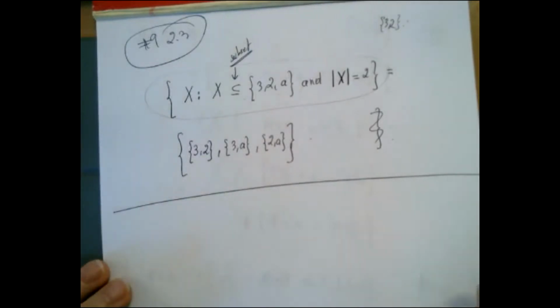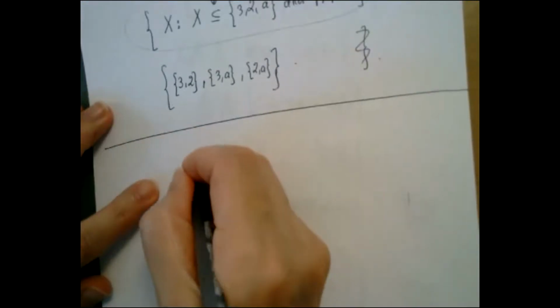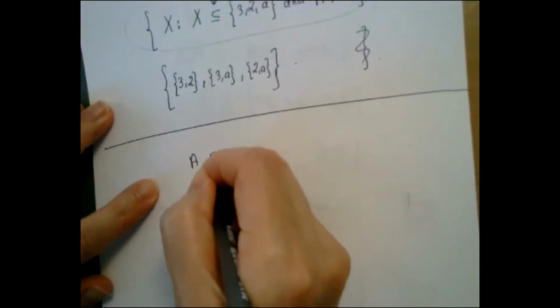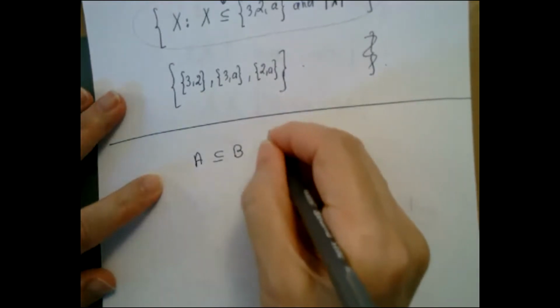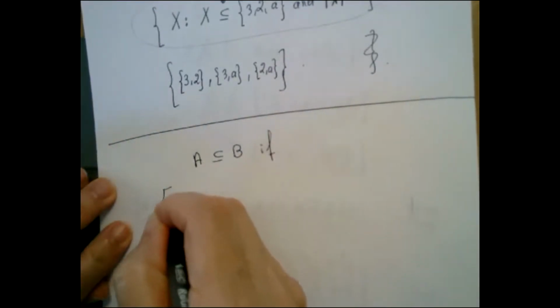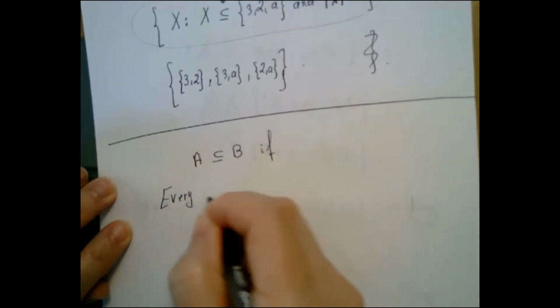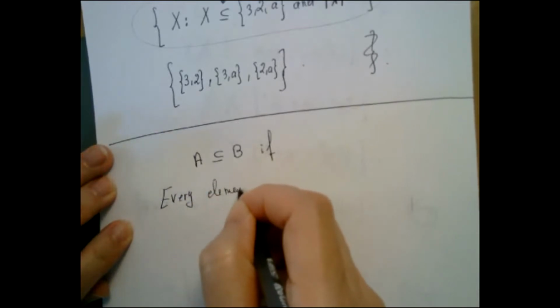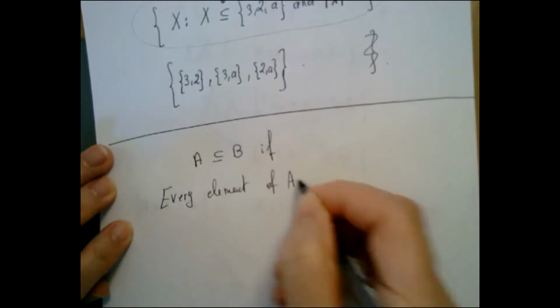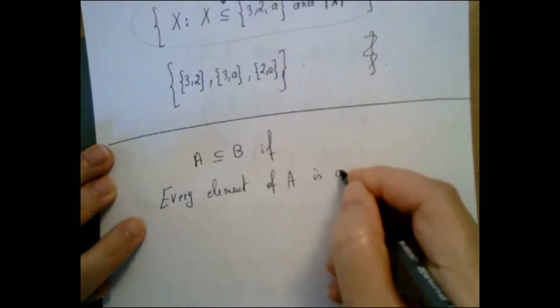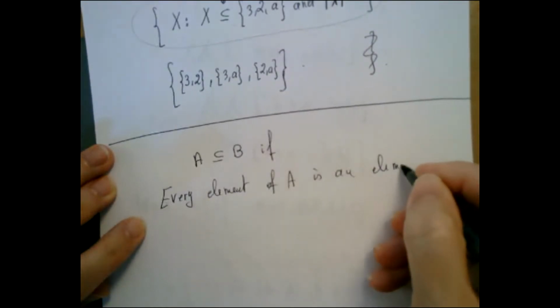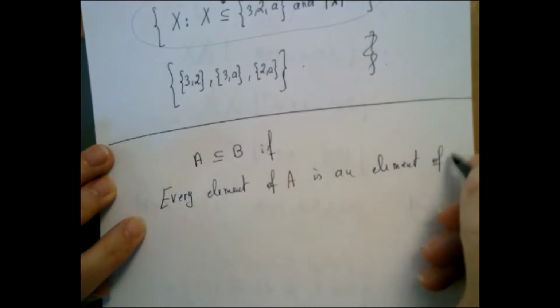Okay, good. So last time we ended by talking about subsets, and let us remember the definition. So you guys will fill in the details. We say that A is a subset of B if every element of A is an element of B. That's what we did last time.